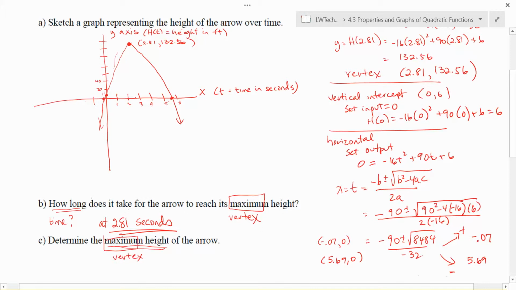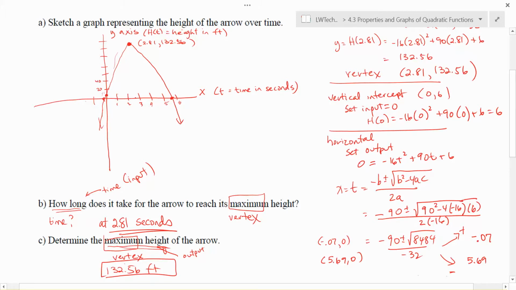Here we were asking for how long, so we wanted the time or the input. Here we're asking for the actual height, so we want the output in feet. Looking at our coordinates, we did all of that solving earlier, which is great because now we have the information we need and we can just answer the question. The maximum height of the arrow happens at 132.56 feet.